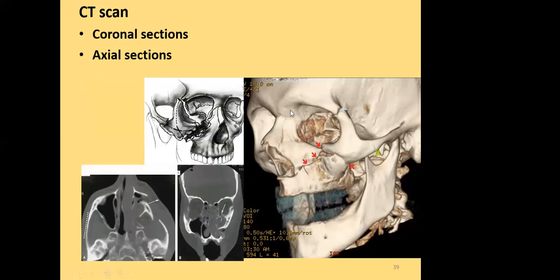So maybe you could also request CT scans, coronal sections, axial sections. CT, in particular when they do a reconstruction, will really give you a good picture. You can see the points of weakness.